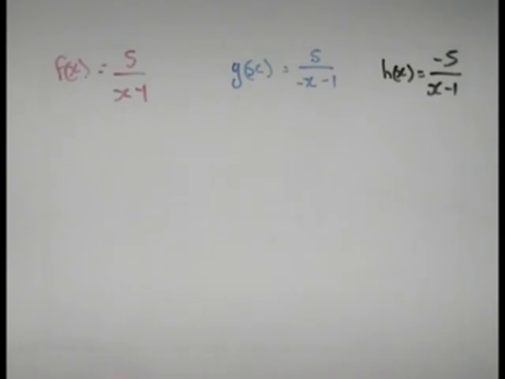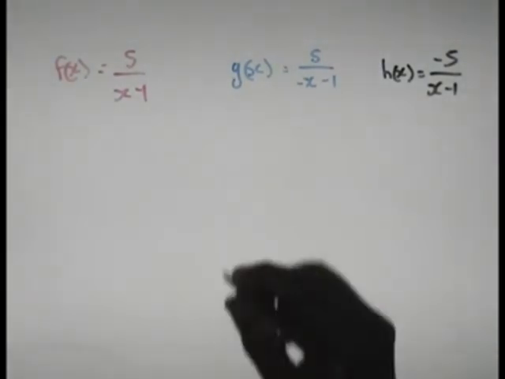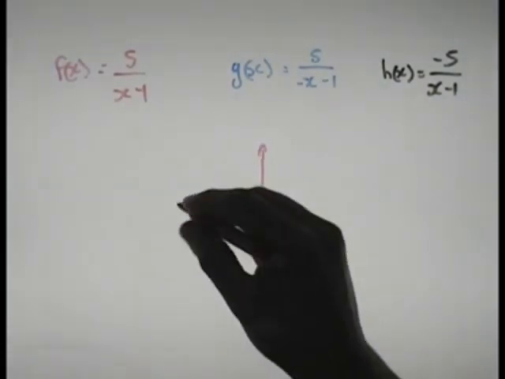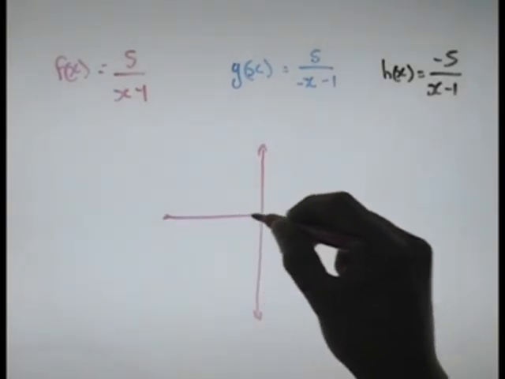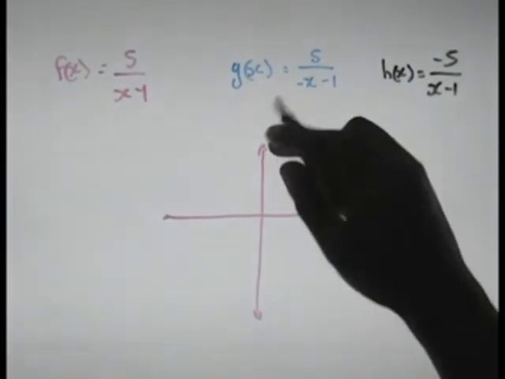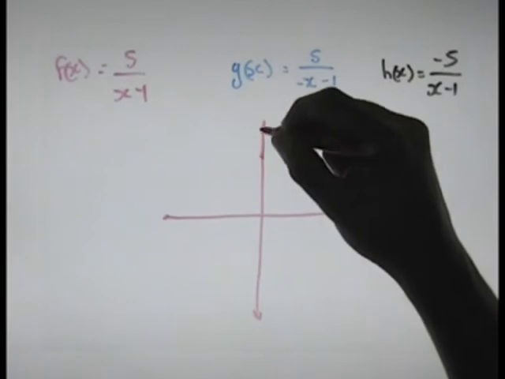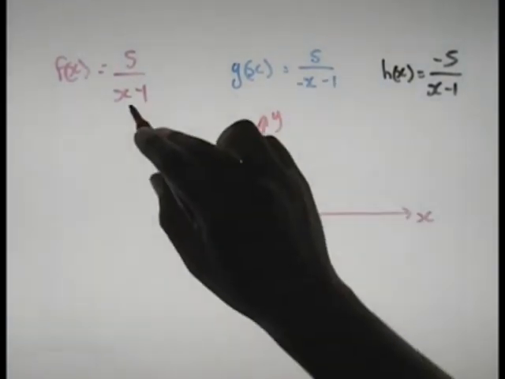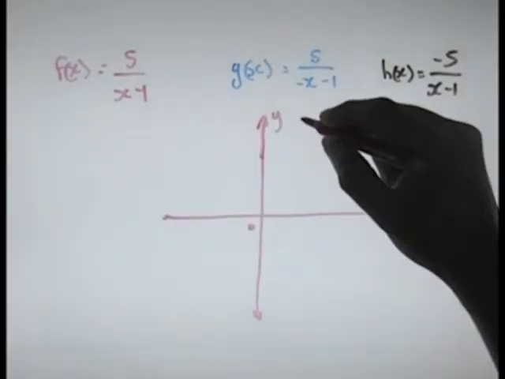The next graph I gave you to do read f of x is equal to 5 over x minus 1. Now 5 over x minus 1, you can see immediately that this is going to be a hyperbola graph. I'm just drawing my axis in over there. Hyperbola, but it's been shifted 1 unit to the right.